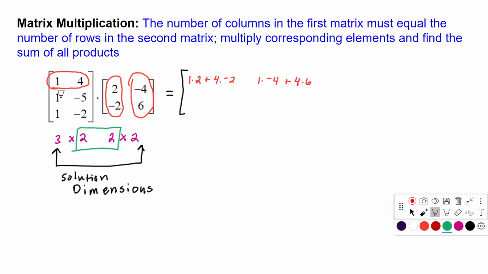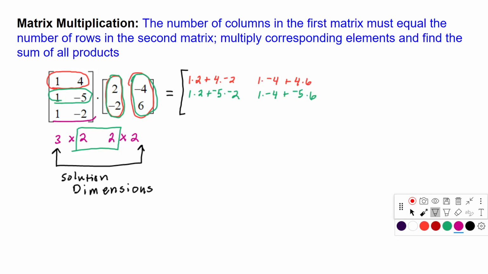Then I go to my second row, and I do the same thing. Second row times the first column, so 1 times 2 plus negative 5 times negative 2. And then we have 1 times negative 4 plus negative 5 times 6.